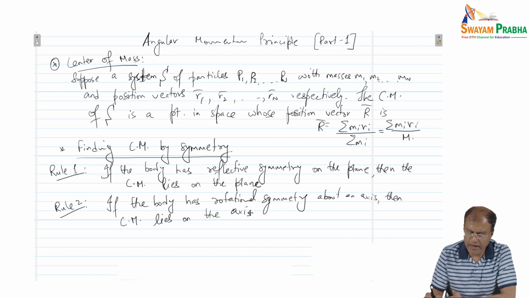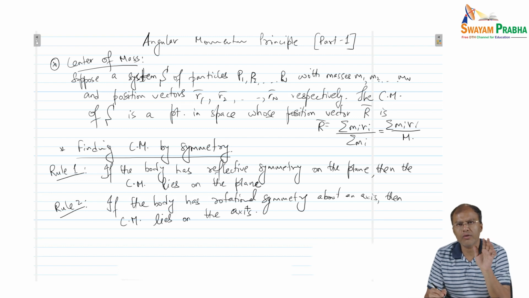I refer to the same example. If we have a semicircle with the diameter on the x-axis, it has a reflective symmetry about the y-axis. So this second rule says that the center of mass is going to lie on the y-axis, right?